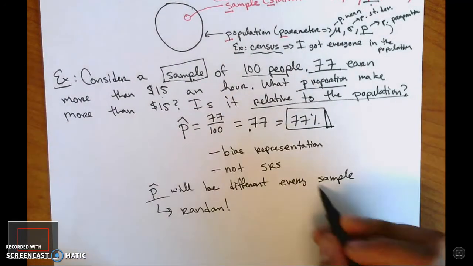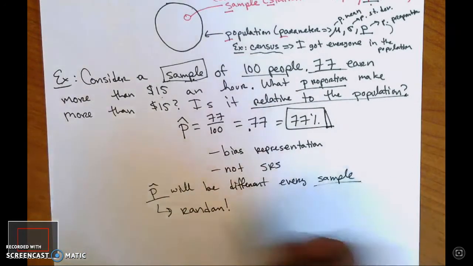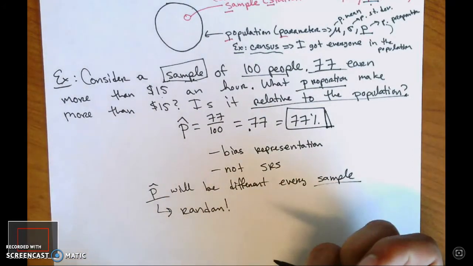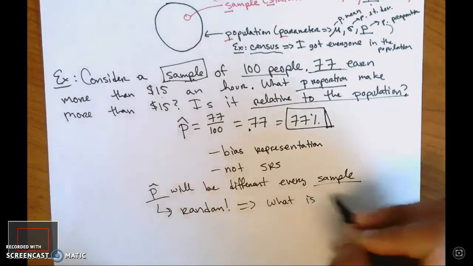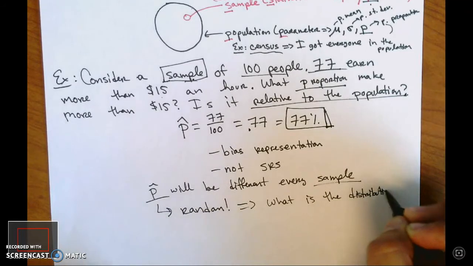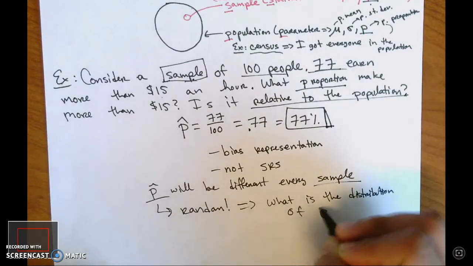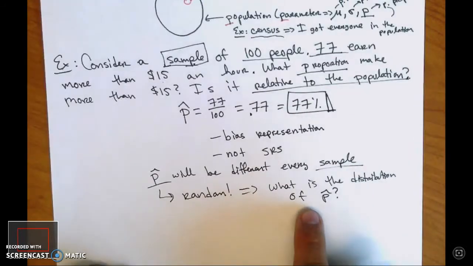And since we're in distributions, we might ask ourselves: what is the distribution of p hat? What exactly does p hat look like? That's what we want to figure out.